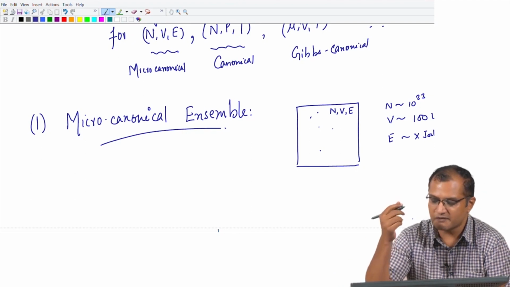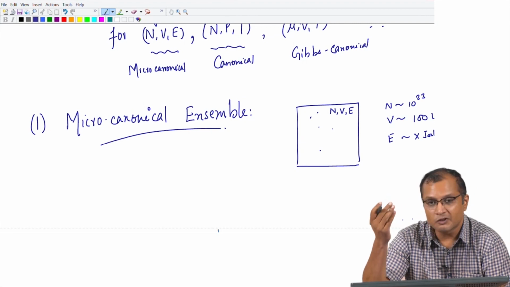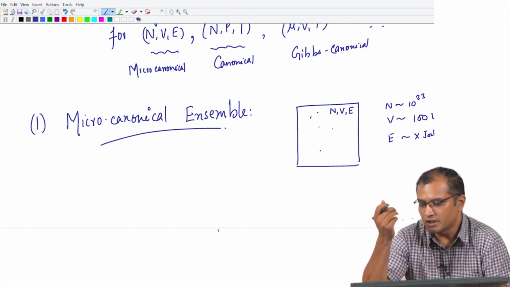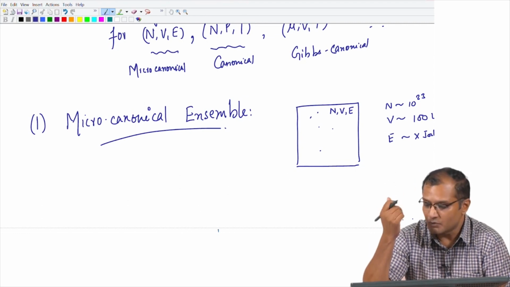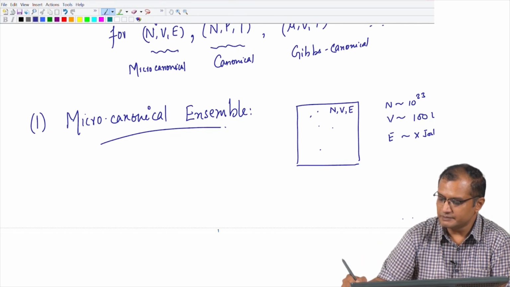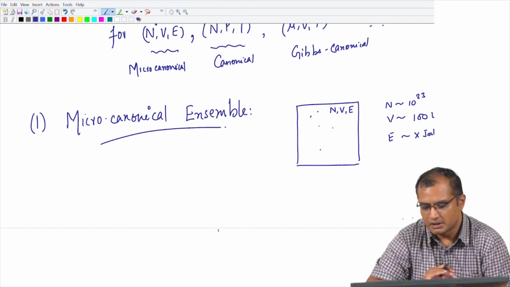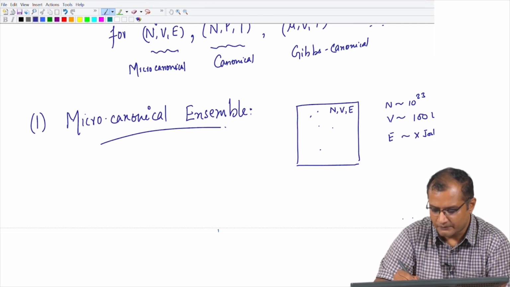Once you have specified the number of particles, the volume of the room and the total amount of energy in this room, you are now in a position to do some statistical mechanics on this system.